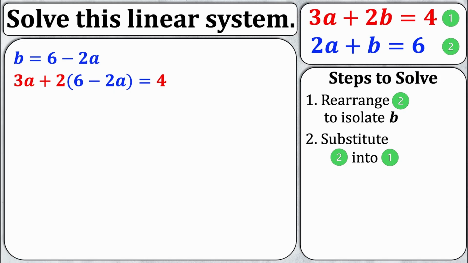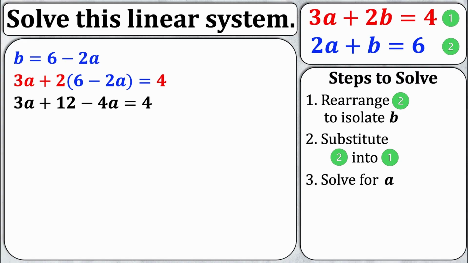Well, that's actually my b value that was rearranged in the first step. So instead of writing b in equation 1, I write 6 minus 2a. And when I do this, I no longer have any b values in the equation, which allows me to do step number 3, solve for a. Because all I have is a and an equal sign, one variable, one equation, I can now solve for the variable.